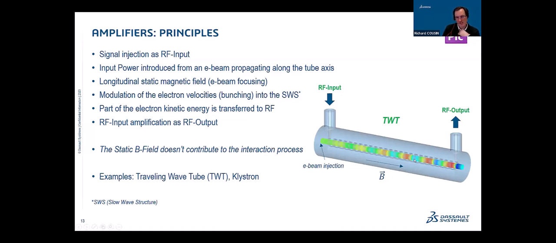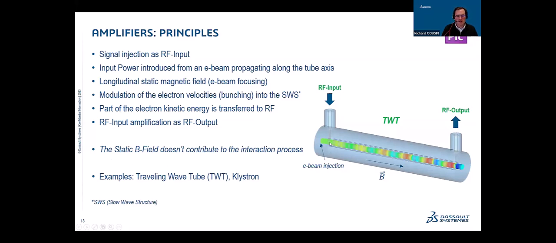The slow wave structure is there to allow synchronism conditions between the phase velocity, which is propagating along the helical structures, and the electron velocity of the particle beam. And then at the end, part of the electron kinetic energy is transferred to RF, and the RF input amplification is computed here at the output.